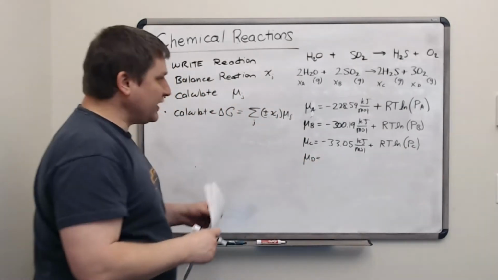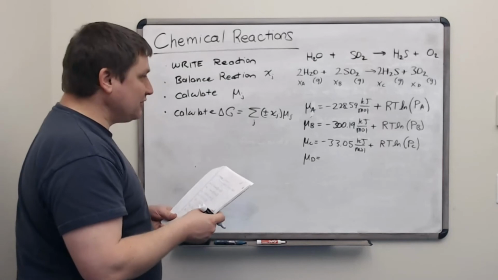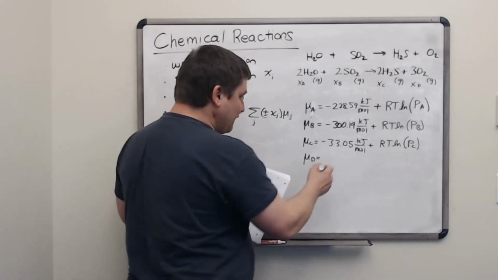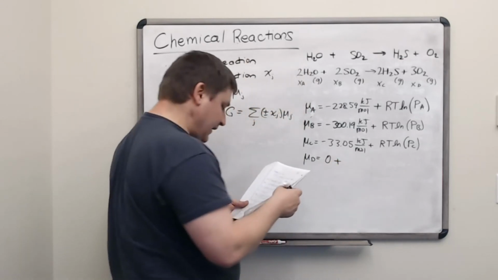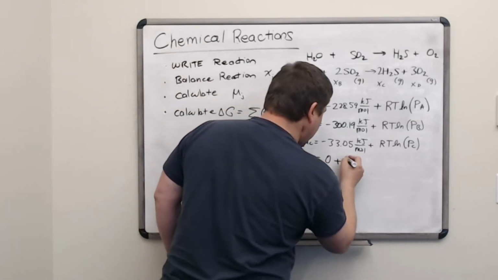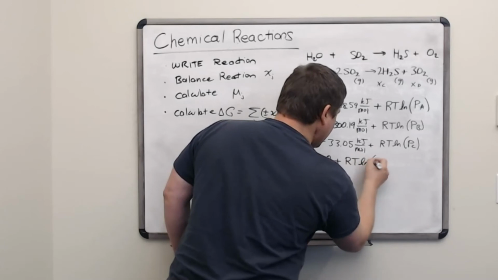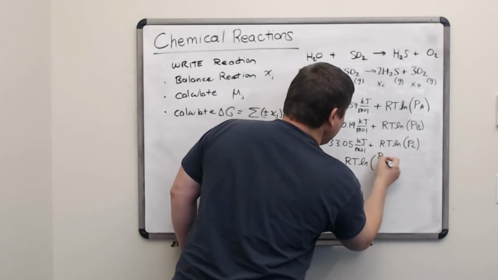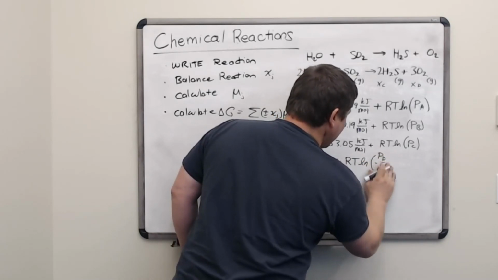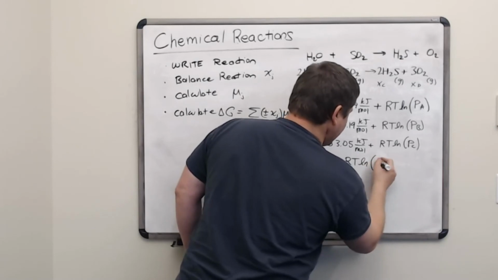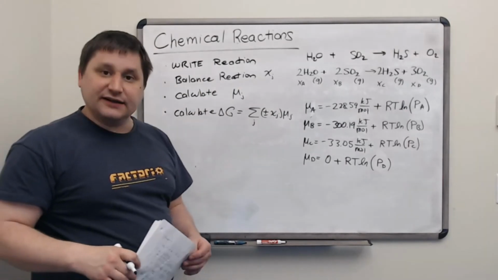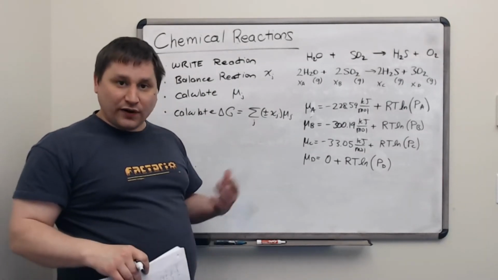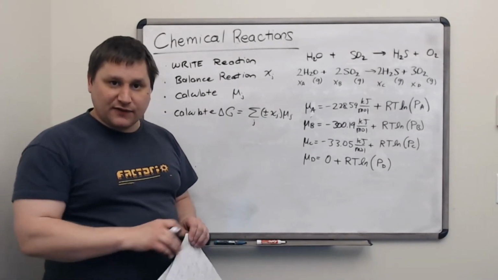Now, an interesting point here for oxygen, the table lists its reference chemical potential energy as actually 0. And this goes back to what I mentioned earlier about how the formula for the chemical potential of an ideal gas, when it's monatomic, wouldn't actually match up with the values in the table.